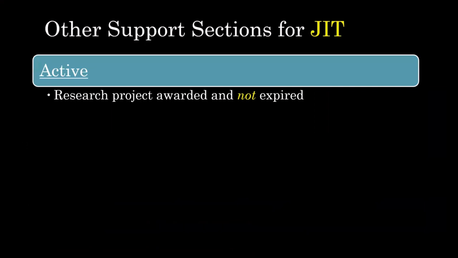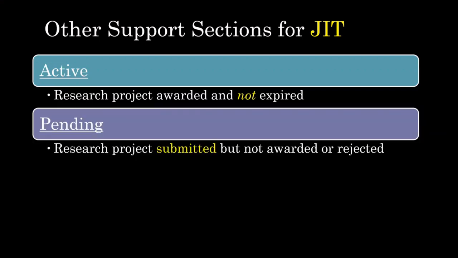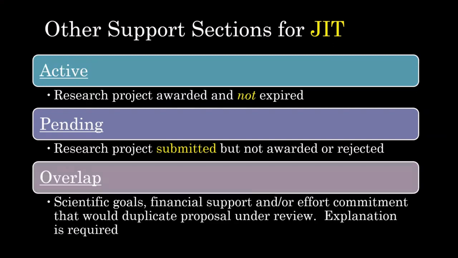Okay, so let's review other support at the just-in-time phase. Other support sections for just-in-time include active, so research project awarded and not expired; pending, research project submitted but not awarded or rejected, and again, always confirm with the PI on what's truly pending; and overlap.